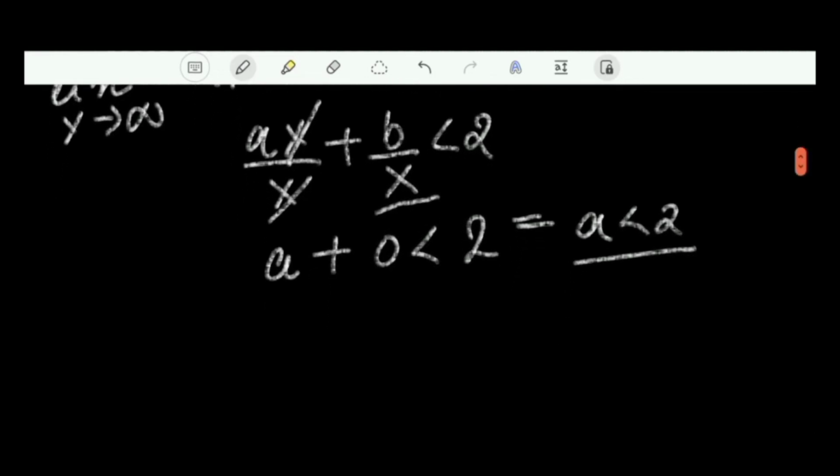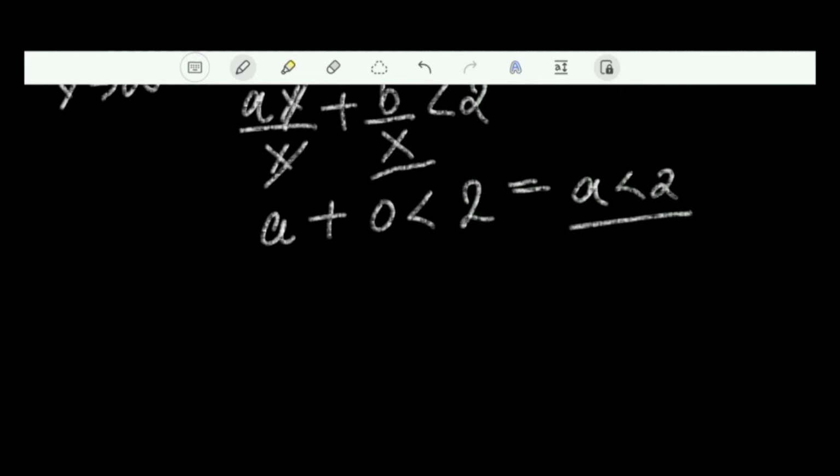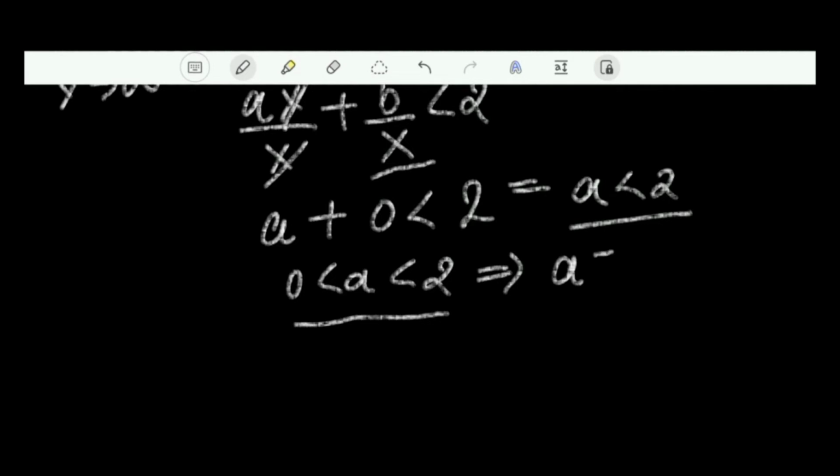And since we know a is a positive number, in this inequality we simply can get the value 1 for a.